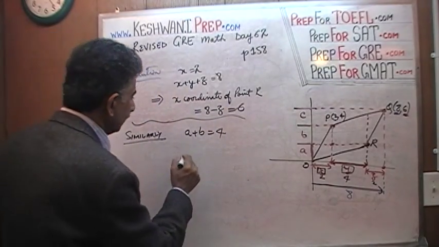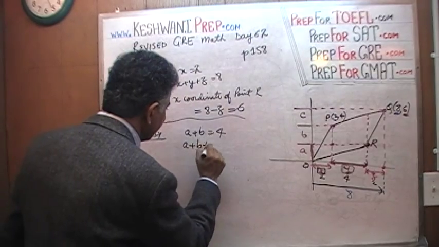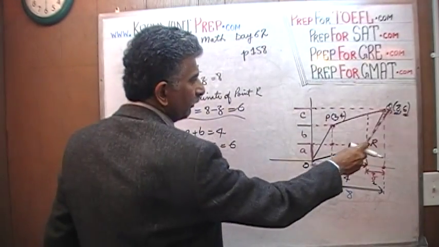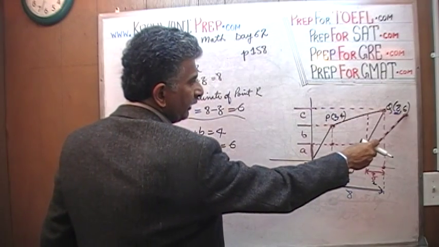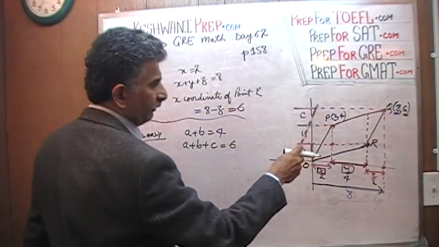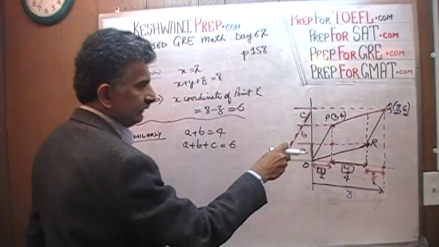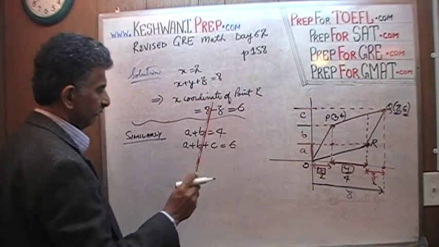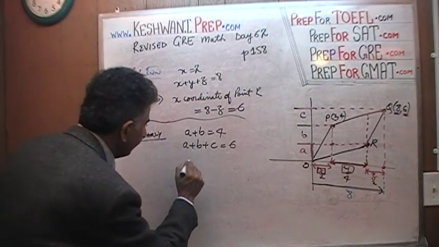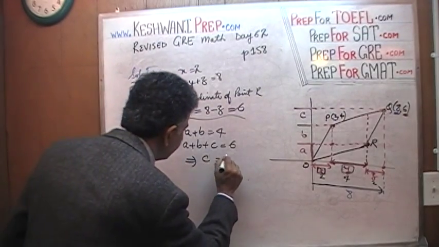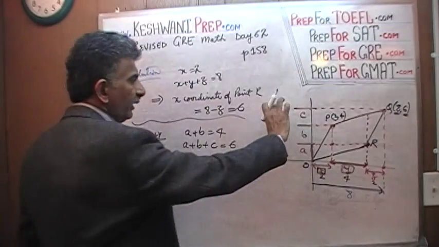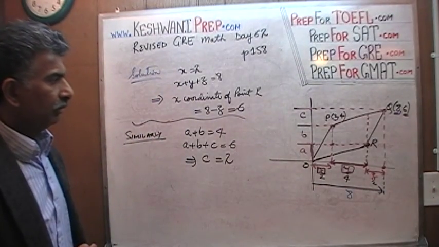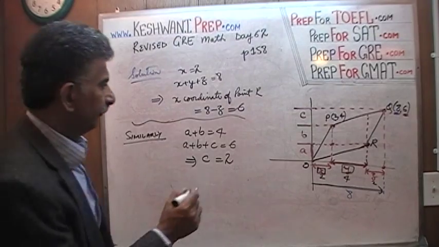And we know that A plus B plus C equals 6, because the y coordinate of point Q is 6. That implies that C must equal 2.